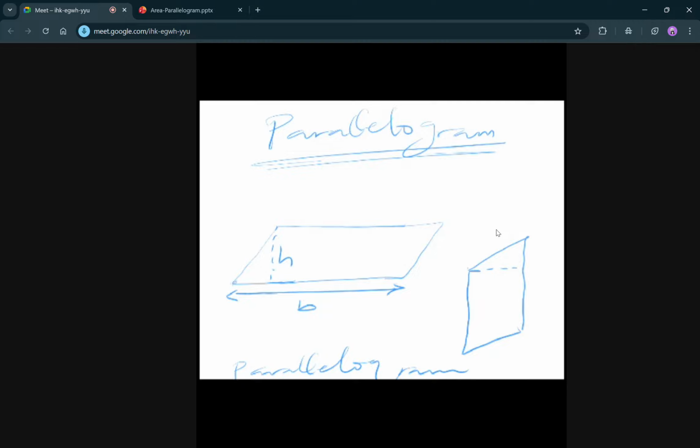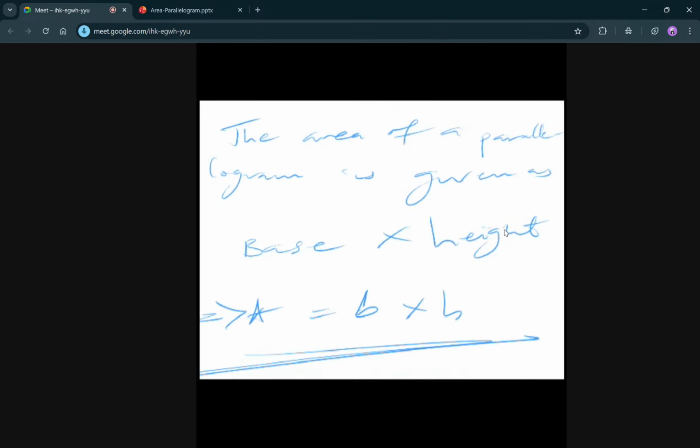Then the length from here, I'm sure you're seeing those dotted points, from here to this point is called the height. If you multiply the base and the height, that is going to give us the area of that parallelogram. So that's what I'm trying to write here: the area of a parallelogram is given as the base multiplied by the height.